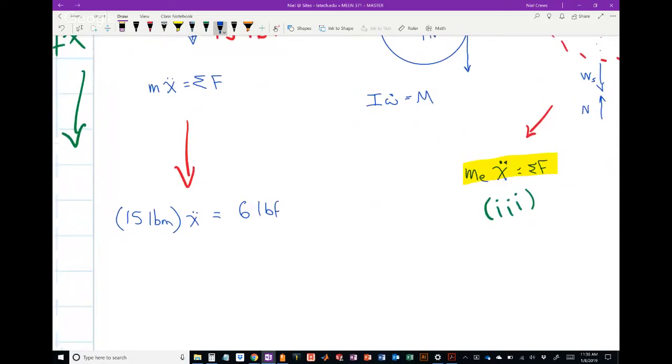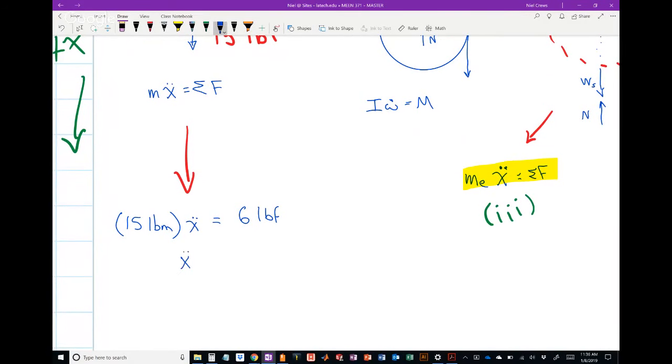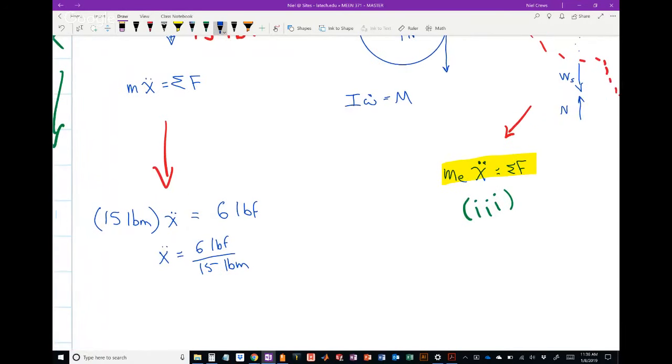And so what we have here is x double dot is going to be 6-pound force divided by 15-pound mass. Now we can't just drop all that. We actually need to make this conversion, times 1 pound force. So we want to cancel all of those out.